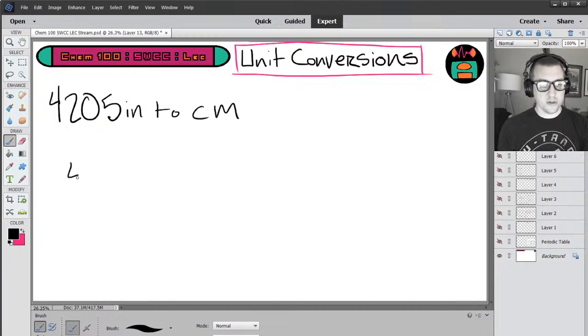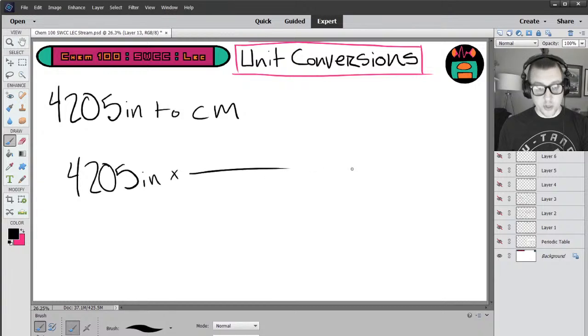First things first, you always focus on setting up your units to cancel before you even think about your numbers. We want inches in the denominator, so they cancel with inches. We want centimeters in the numerator.